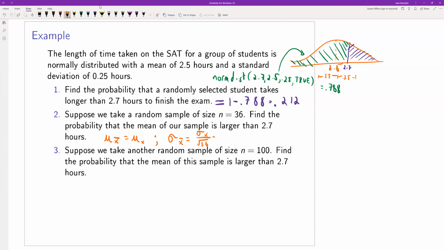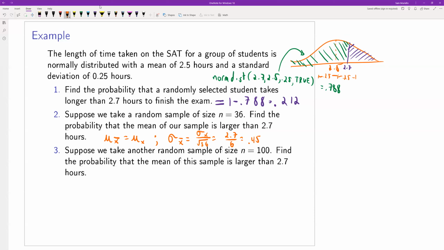So that will end up giving us 2.7 divided by 6, which comes out to be 0.45, a much smaller standard deviation, which makes sense.